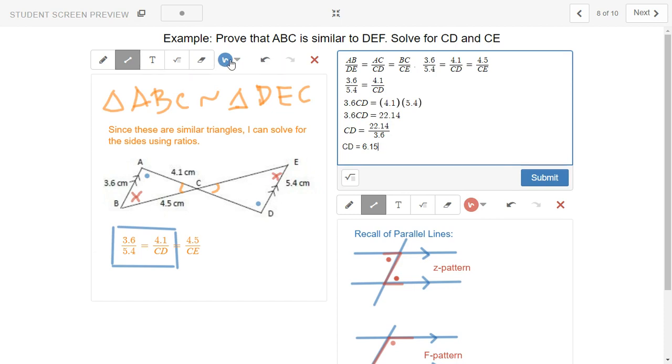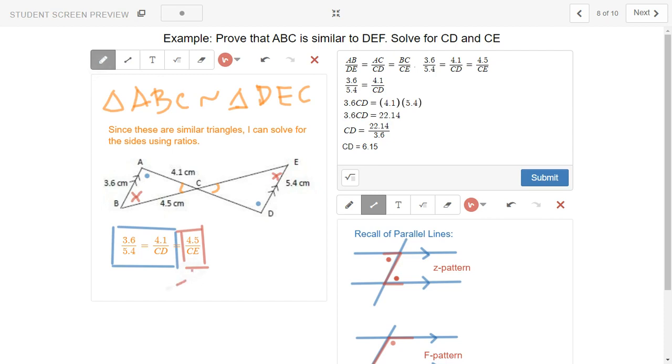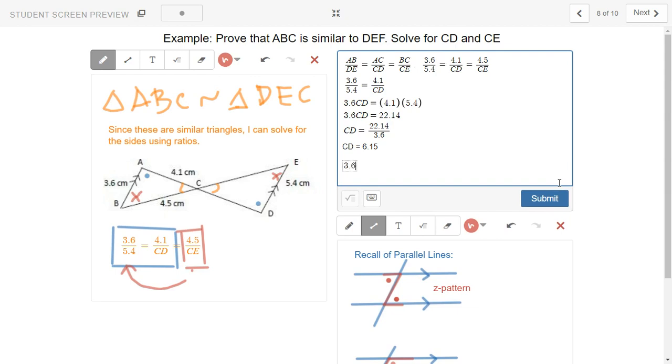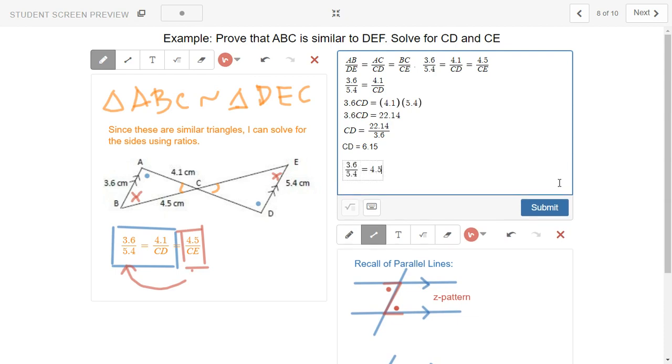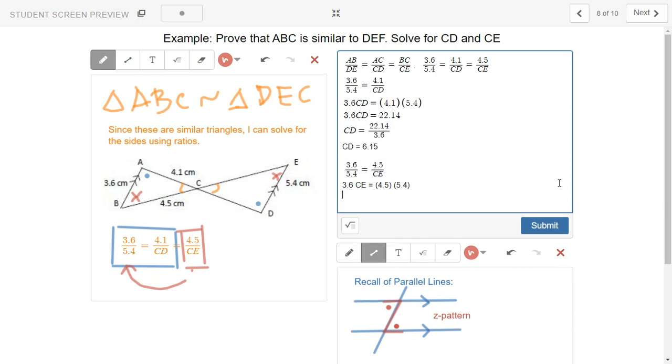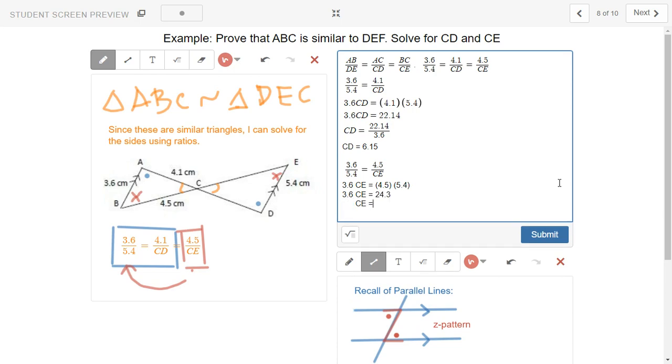Now for the second one, we'll do this one and the first ratio. 3.6 over 5.4 equals 4.5 over CE. 3.6 CE is equal to 4.5 times 5.4. 3.6 CE equals 24.3, and when we simplify it, we have CE is equal to 6.75.